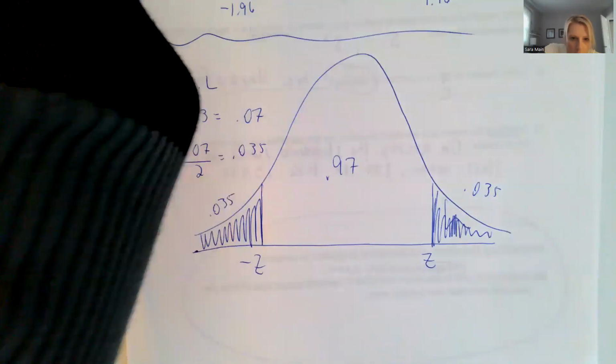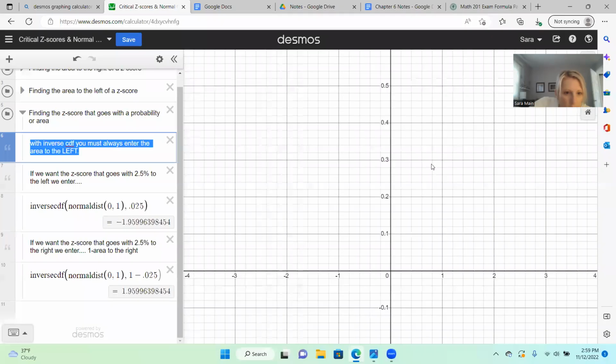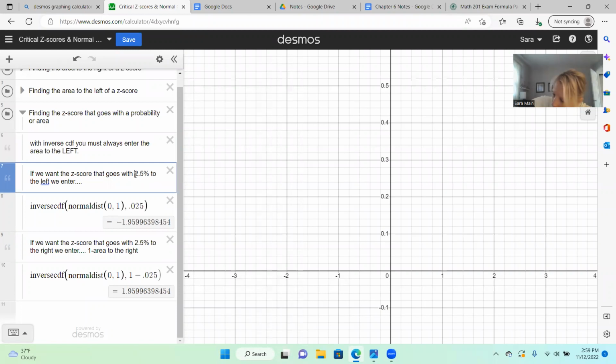So we're going to go to Desmos, and this time I want to have 3.5% to the left, so I'm going to put in 0.035, and I will find out that my z is a negative 1.81. And then I could go down here and do 0.035 and find out I have a positive 1.81.